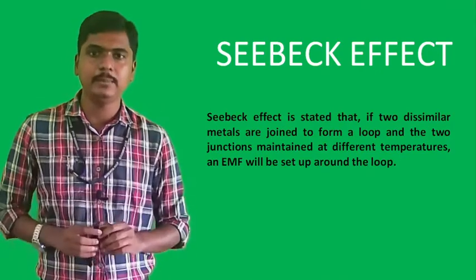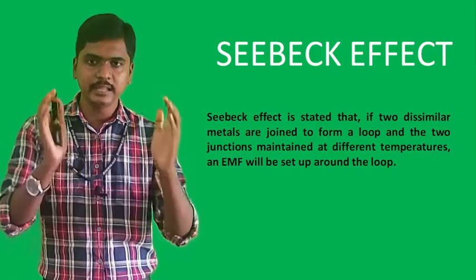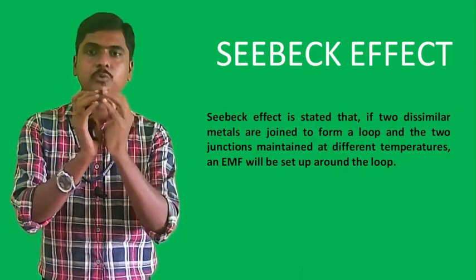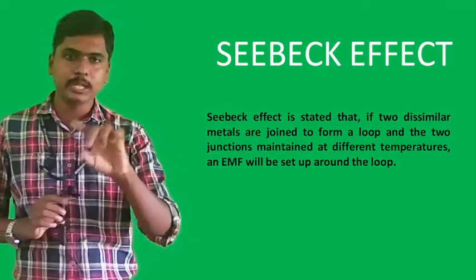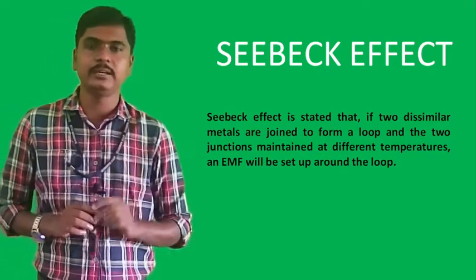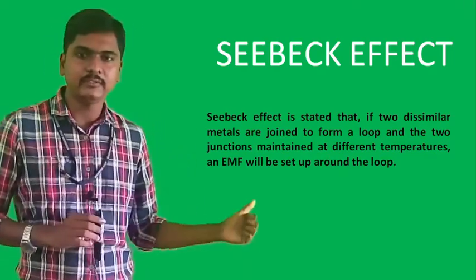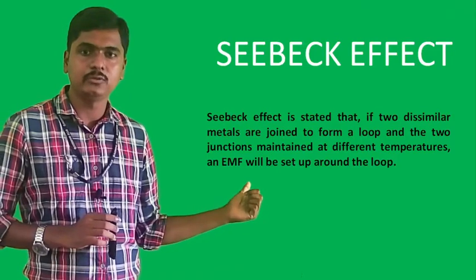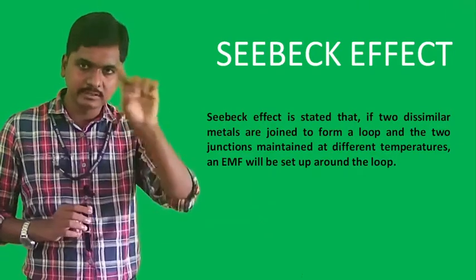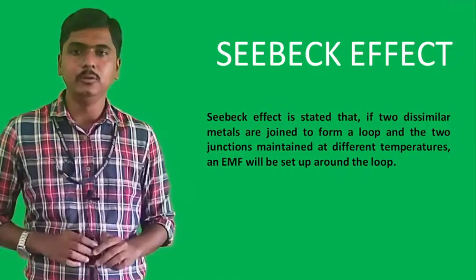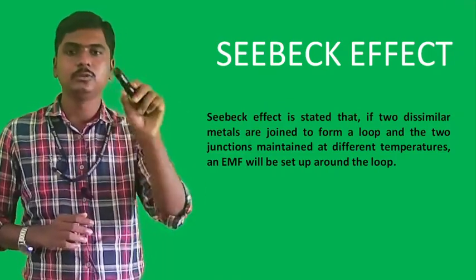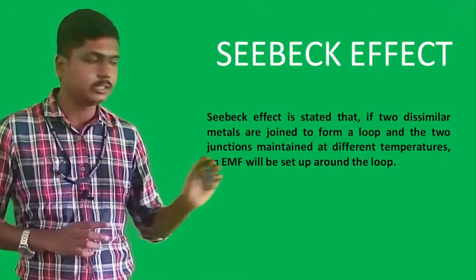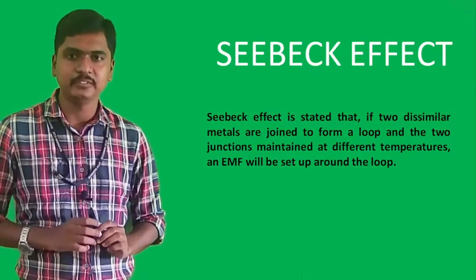If we connect these two metals and make a loop, then due to the temperature difference between them, an EMF, electromotive force, will be generated across the loop, and that will make current flow through the loop. That is nothing but the Seebeck effect.